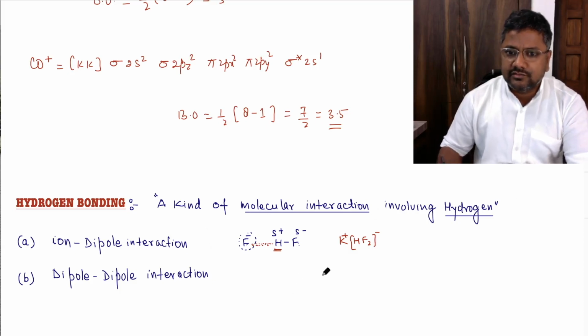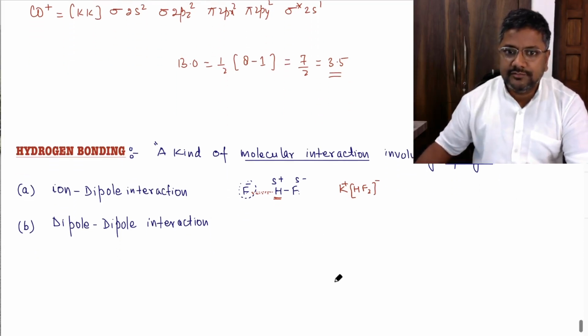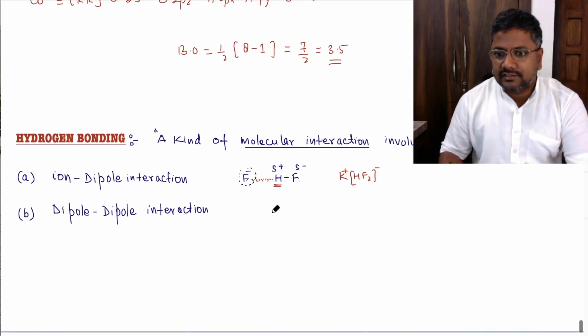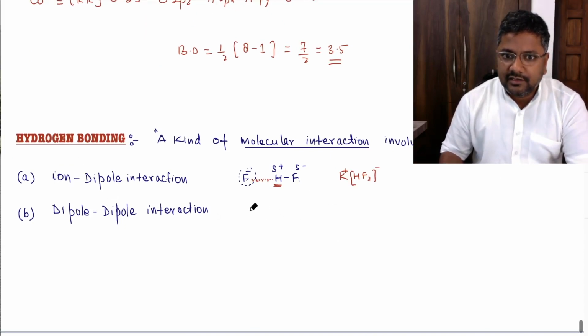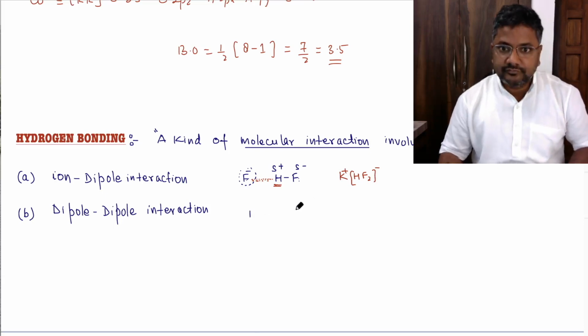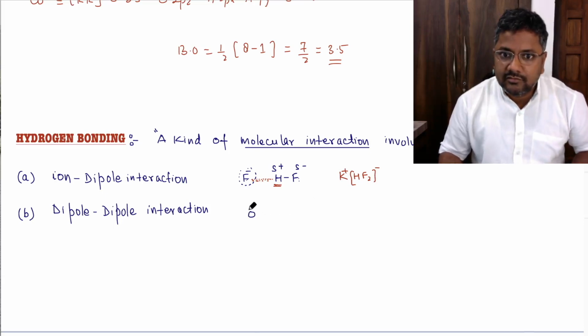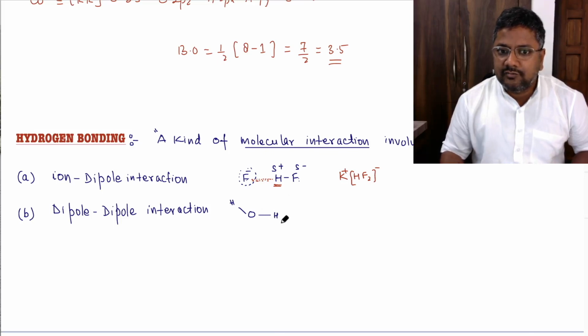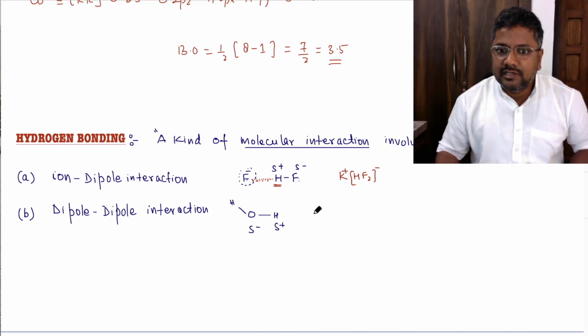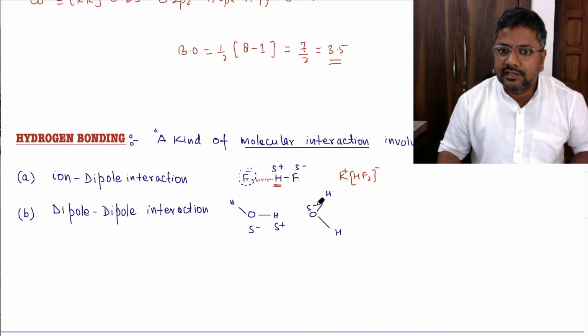And dipole-dipole interaction, see another example. This is an introduction, so I will come to the point slowly. Dipole-dipole interaction: suppose we are taking this O, H, H. This is one dipole, delta positive, delta negative, and the second molecule of water is delta negative.